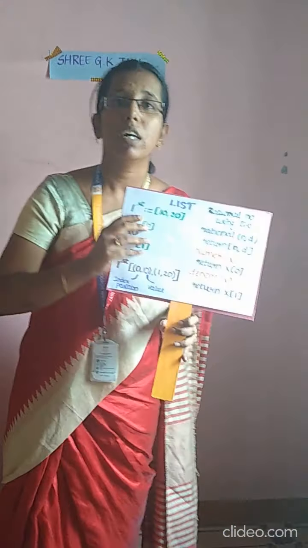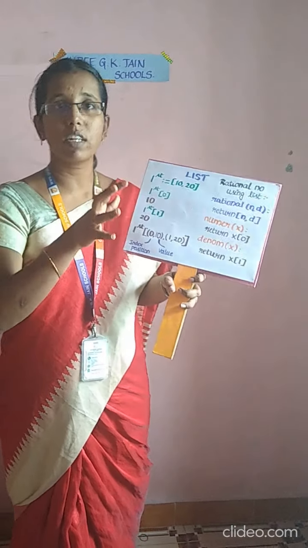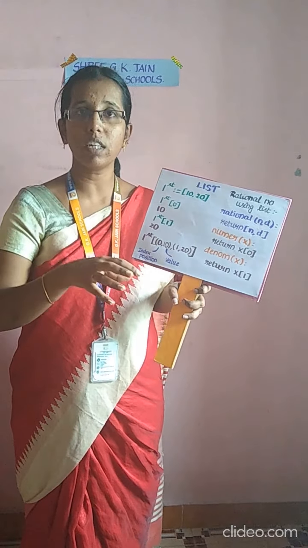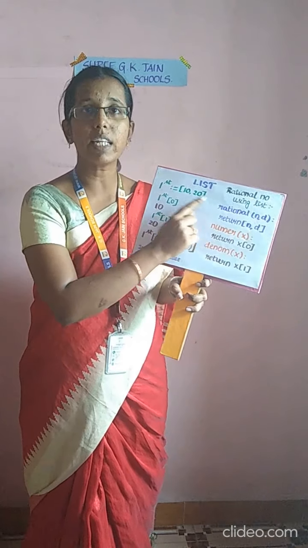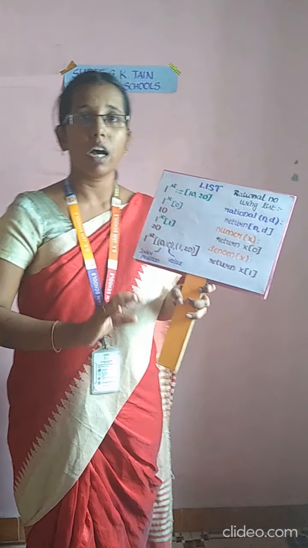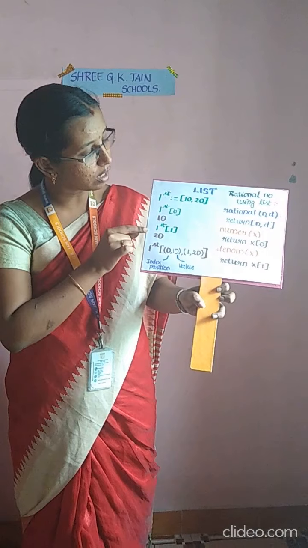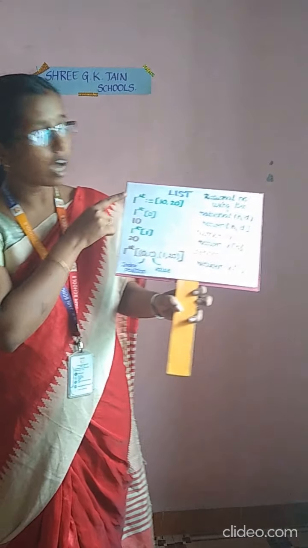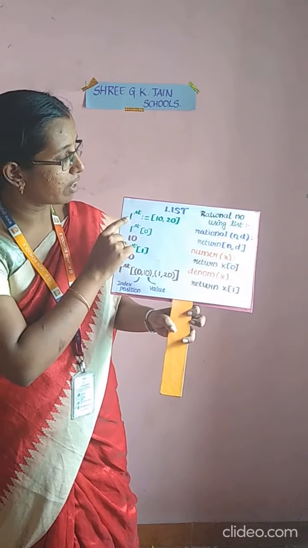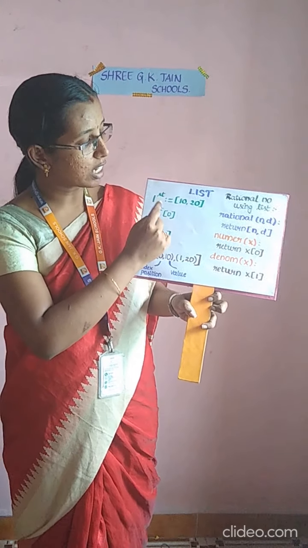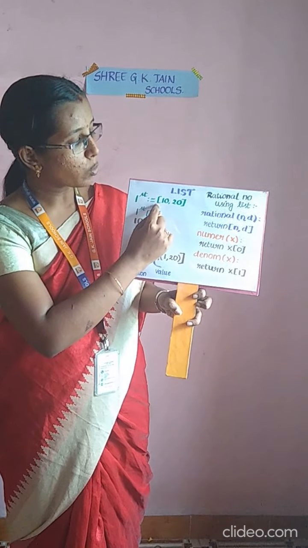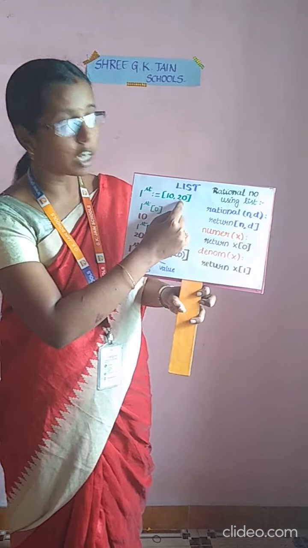List will be constructed by placing an expression inside the square bracket separated by commas. For example, I gave you here the two methods how to write a list. In the first method, first is equal to square bracket of 10, 20.